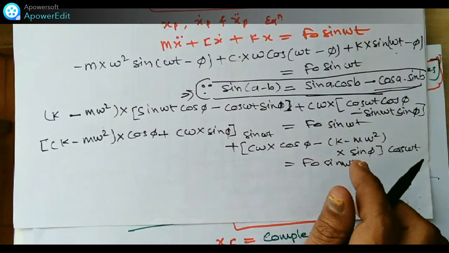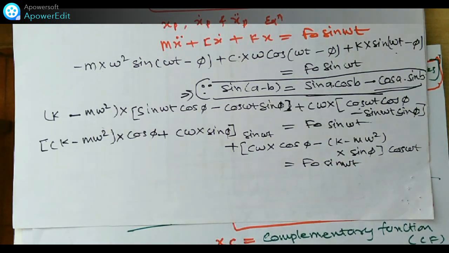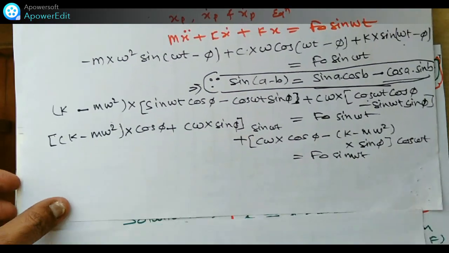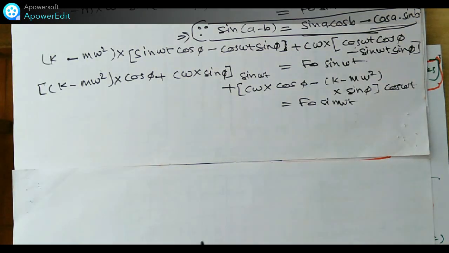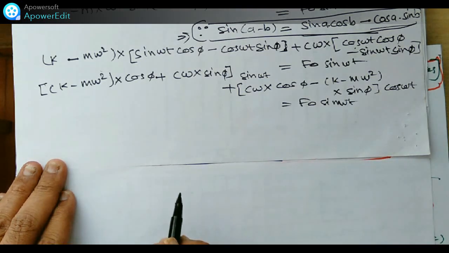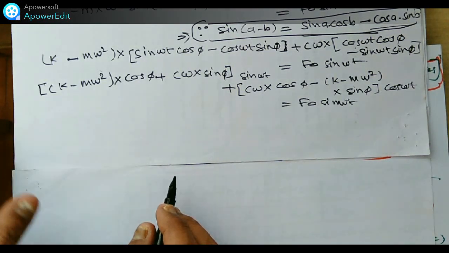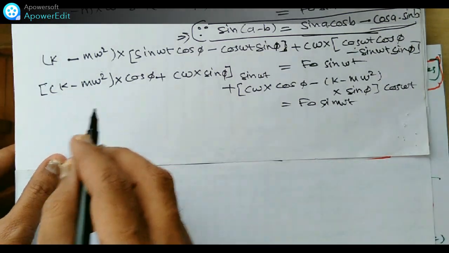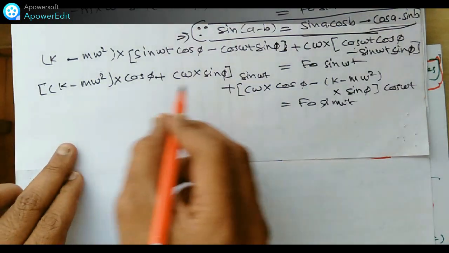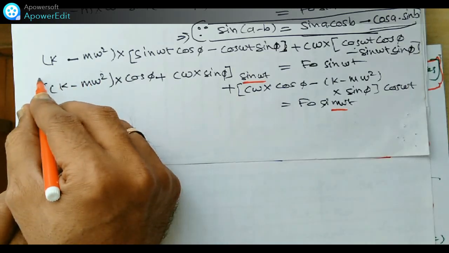Right, friends, like this we have to solve this equation. Next step, let us compare. Now we compare the coefficients of sin omega t and cos omega t in this equation.